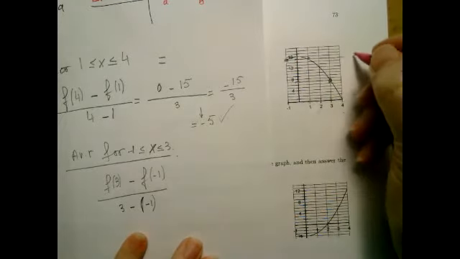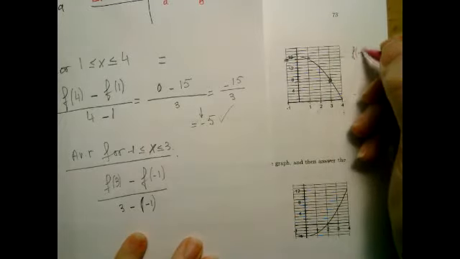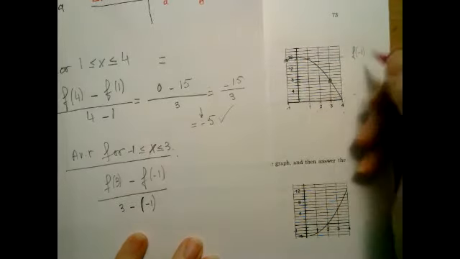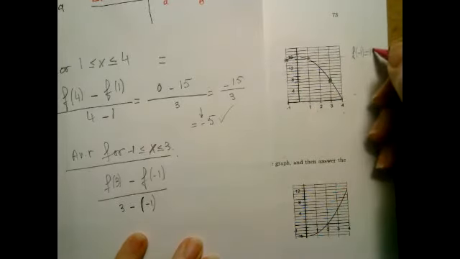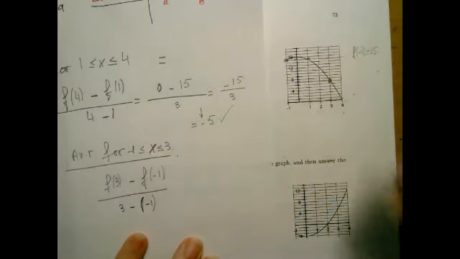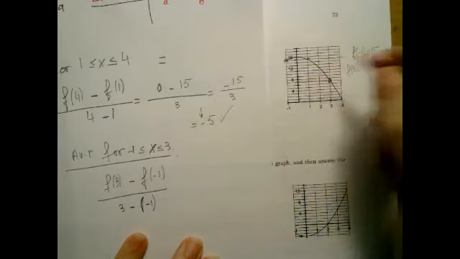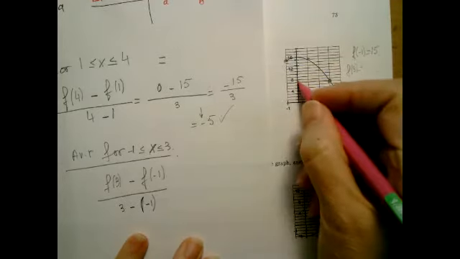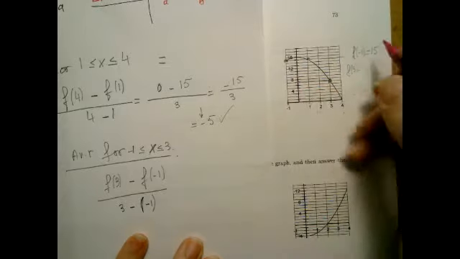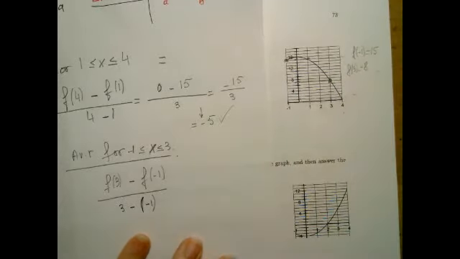To compute it, I need the output at -1, which is equal to 15 according to the picture. The output at 3, oh, that says 8, sorry, that's an 8, so it's equal to 8.